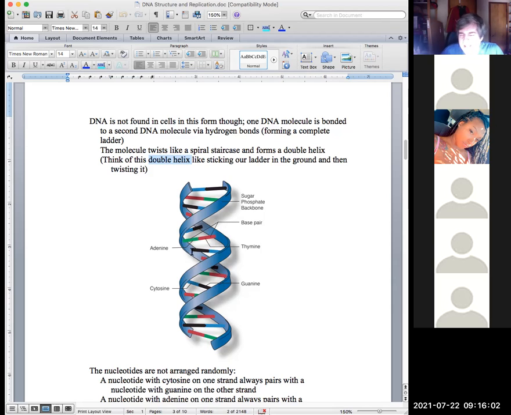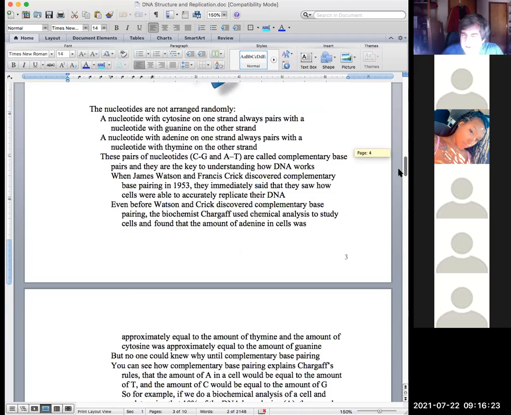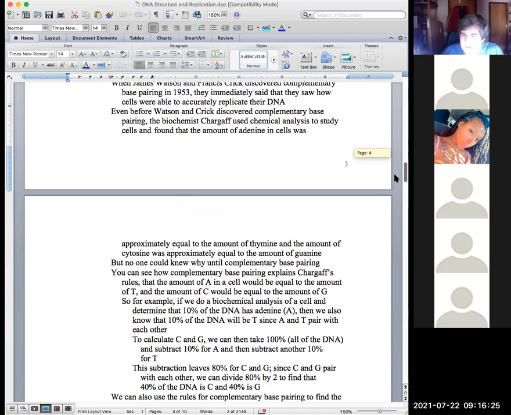If we have an adenine on one strand, it's always bonded to a thymine on the other strand. And the fact that A always pairs with T and C always pairs with G is called complementary base pairing. Now, this is not complementary with an I, this is complementary with an E.